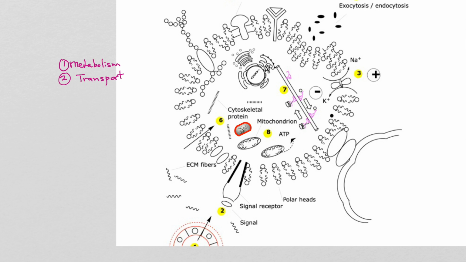And then we have cell signaling. That's how cells know what to do to help the body. So these are the three major activities that we saw in the liver cell.